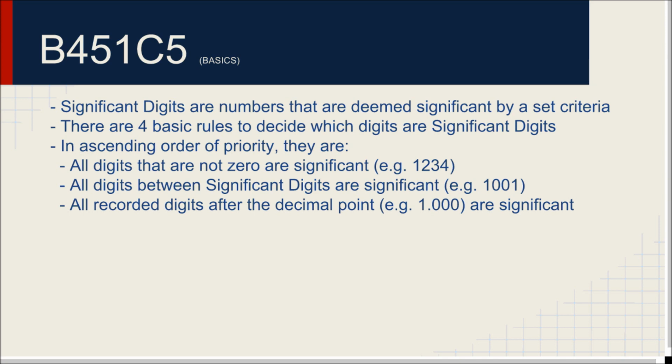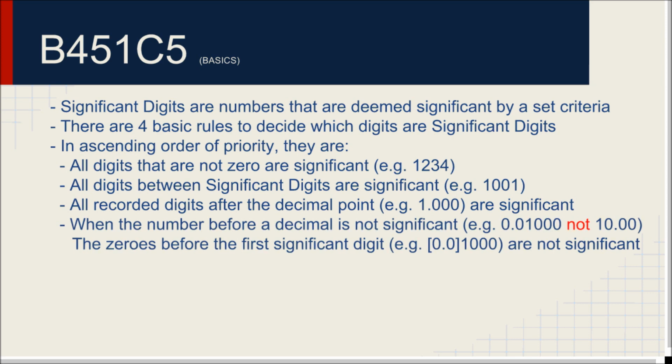And all digits that are recorded after the decimal point are significant only if the number before the decimal point is not 0. So if the digit before it is 0, but the number before it is 10, it still counts as a significant digit.